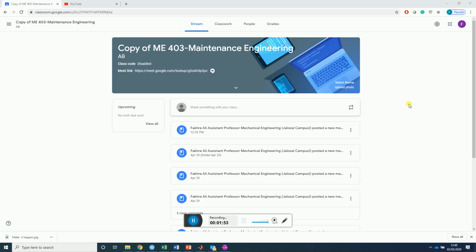So we have put together the interface of Google Classroom, and I'm sure you've all been invited to take part in the maintenance engineering module through Google Classroom.